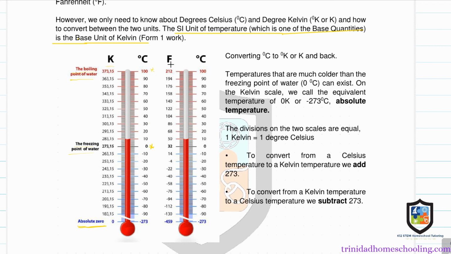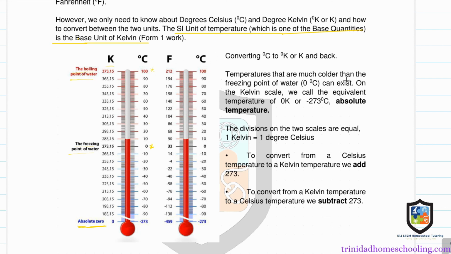Now the next thermometer here has degrees Fahrenheit on one side, which we don't need to really know, and on the other side is degrees Celsius again. So when you are choosing a thermometer, be sure that you know if it's measuring in Fahrenheit or degrees Celsius. You would rarely find a thermometer being sold locally in kelvins. You would find it in Fahrenheit or degrees Celsius.